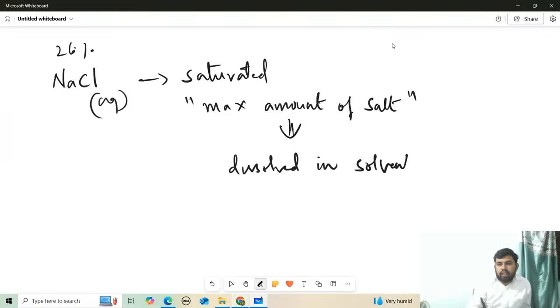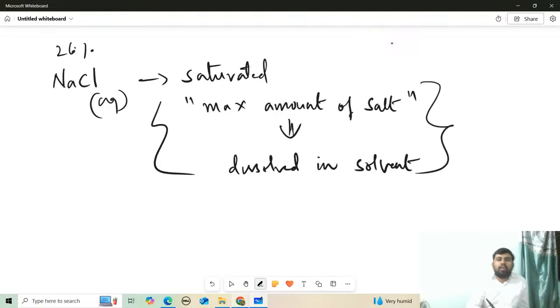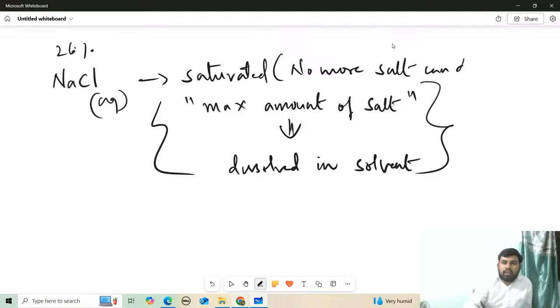Or we can say the temperature at which no more salt can be dissolved is called a saturated solution. No more salt can dissolve, but at which temperature, what are we taking?